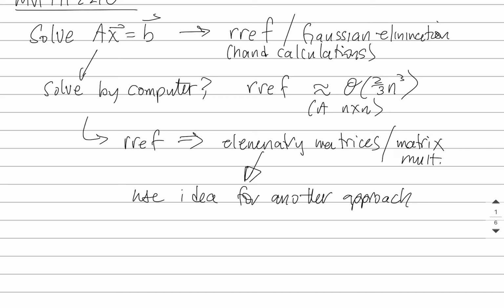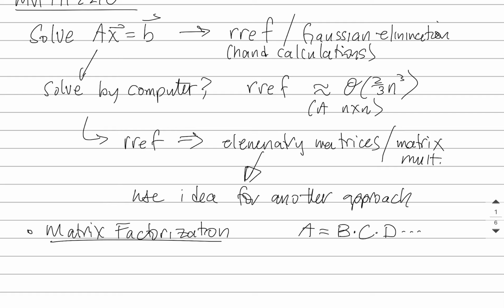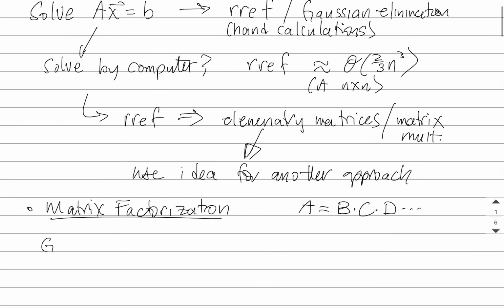Okay, so here's the idea. We're going to talk about something called a matrix factorization. If we take some matrix, to factorize it means you can represent it as the product of some other matrices. Now, for Gaussian elimination, we are going to pick one.